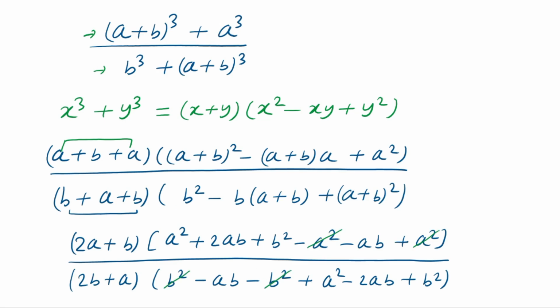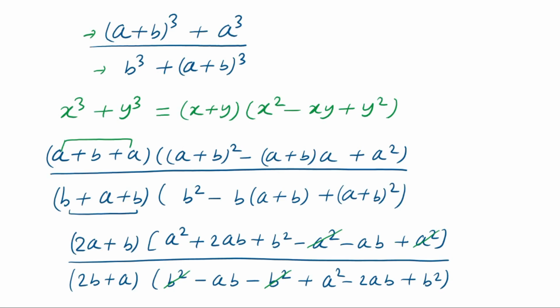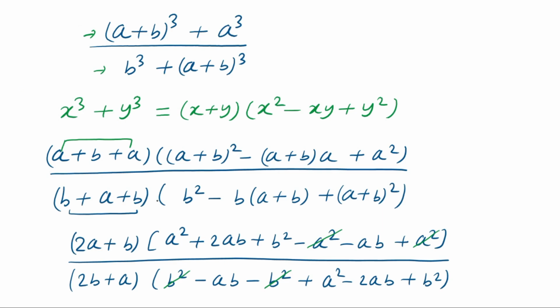In the numerator we have 2 times (2a + b) multiplied by a² + b², and here 2ab and minus ab. If we subtract, 2ab minus ab gives ab.